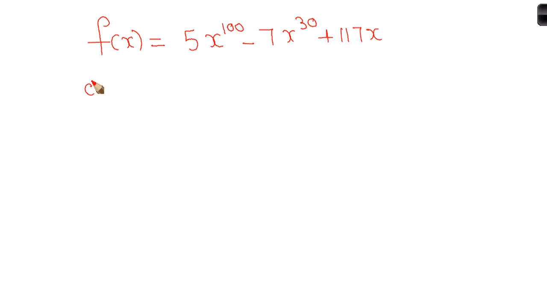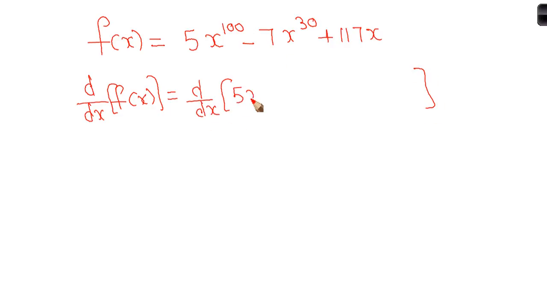I would like to find the differentiation of this function, that is d by dx of f of x, which is the same as d by dx of the given function, 5 times x power 100 minus 7 times x power 30 plus 117x.